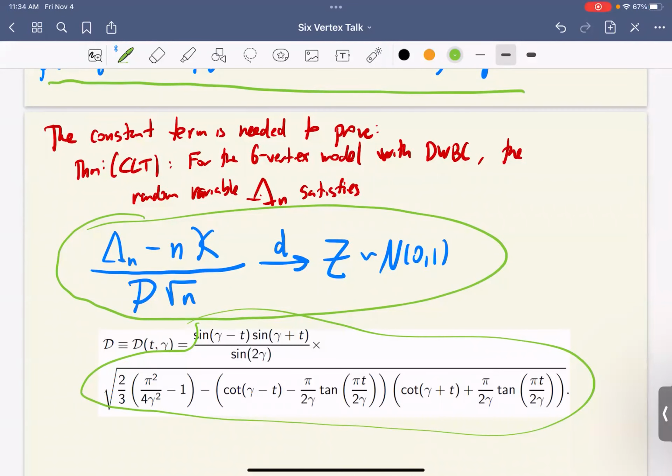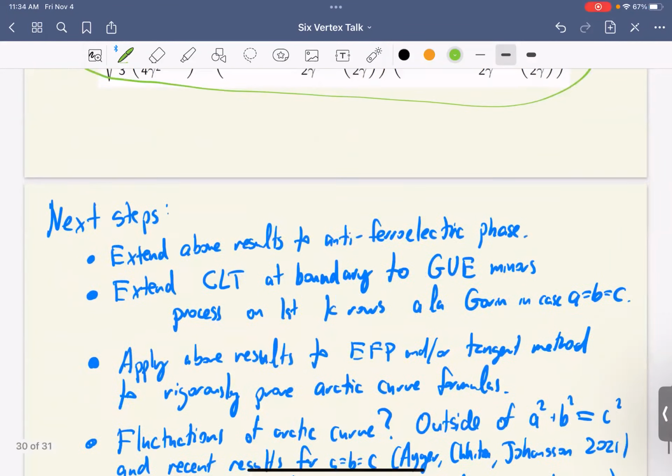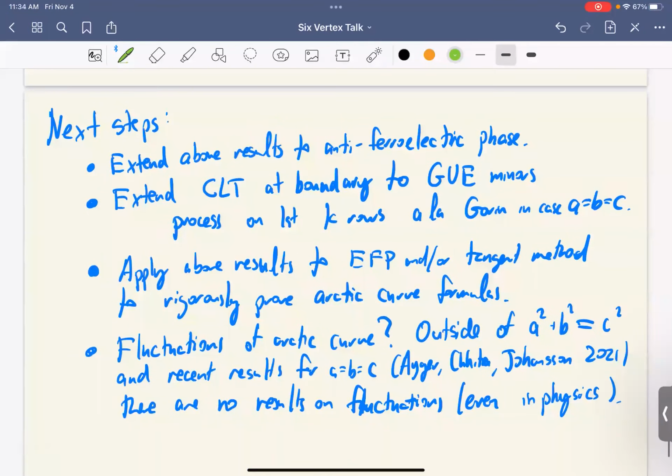But yeah, so this is kind of a first step. As I mentioned, I'd like to extend that result to the anti-ferroelectric phase as well. So that result was just for this disordered phase.